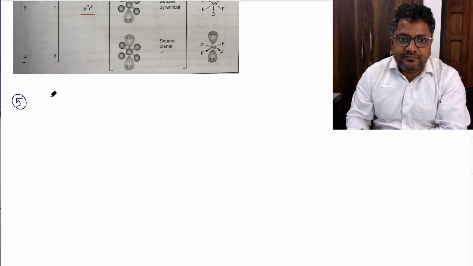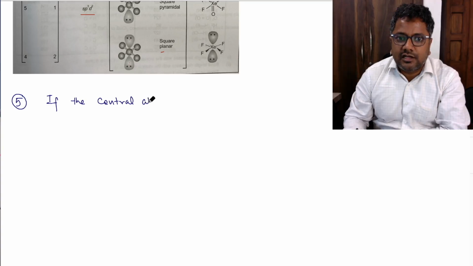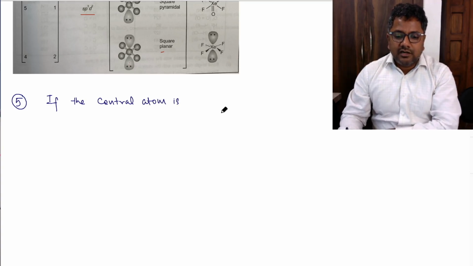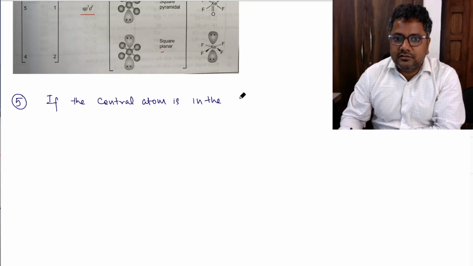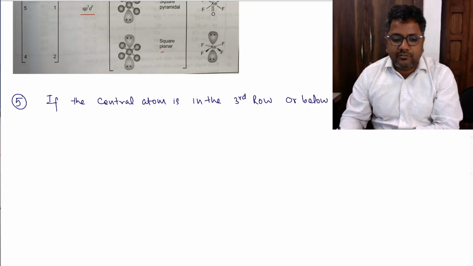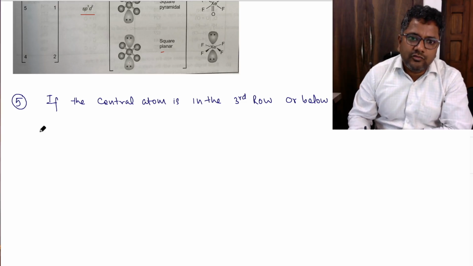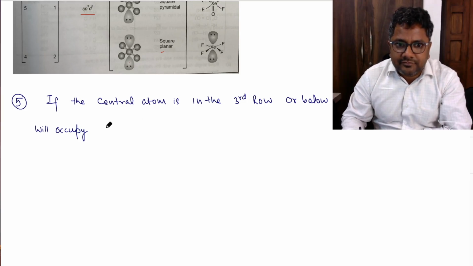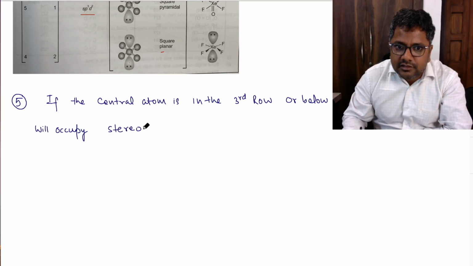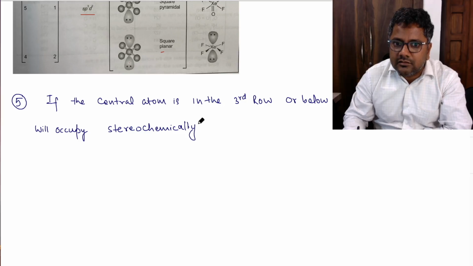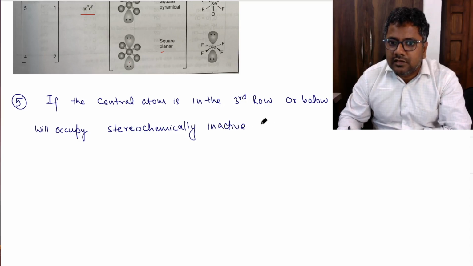If the central atom is in the third row or below in the periodic table, then the lone pair, this is a very important point, will occupy a stereochemically inactive s orbital.